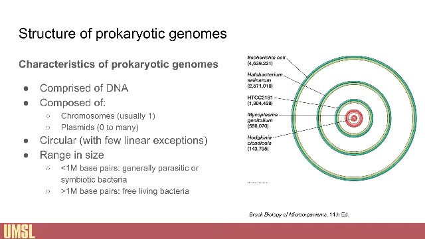Now, once we get below this interesting speed limit for being free living, once you're below about 1 million base pairs, you become restricted in what you can actually do. As we winnow these genomes down to obligate human pathogens like Mycoplasma genitalium, a urogenital pathogen, its genome is 580,000 base pairs.